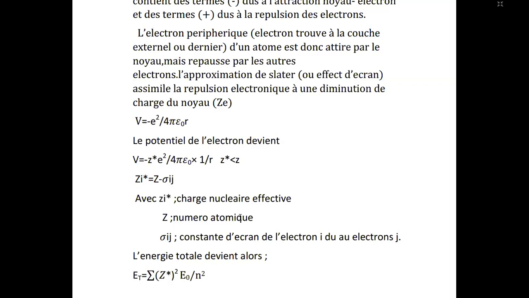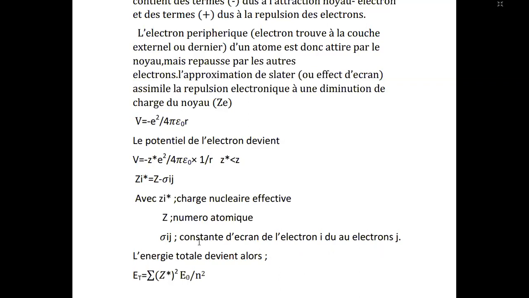Then phi ij is the shielding constant of the electron i by the electrons j. So this is the shielding constant, meaning the shielding of the electron at i from the electrons which are at j.